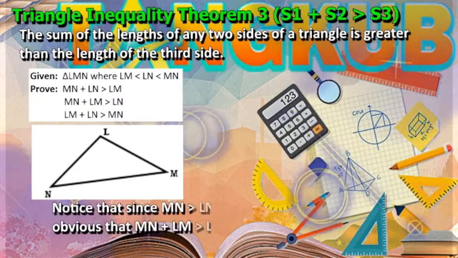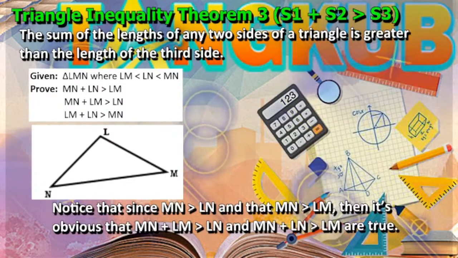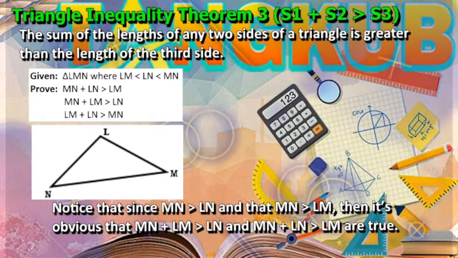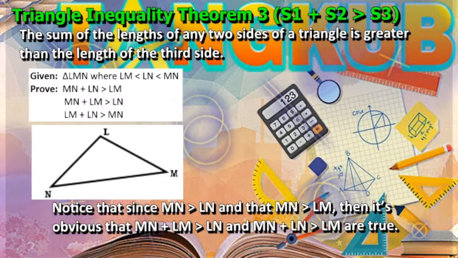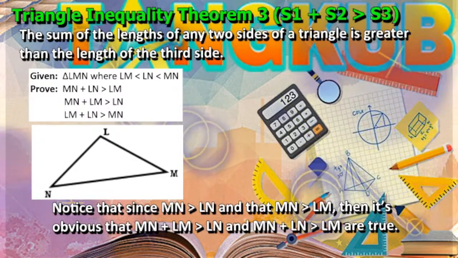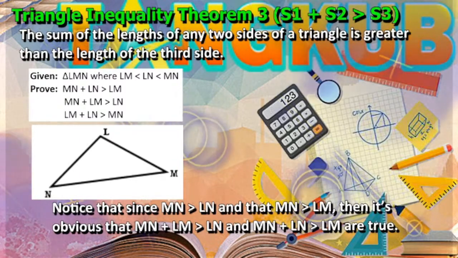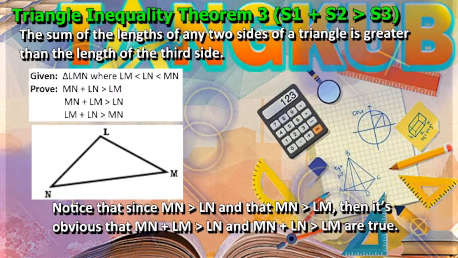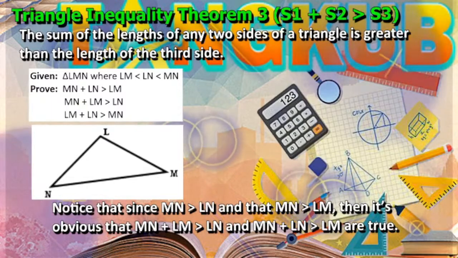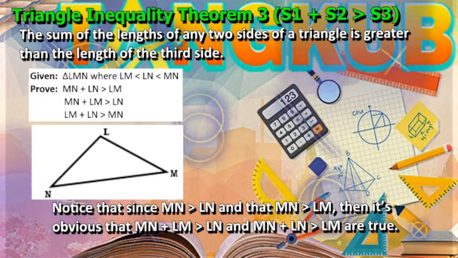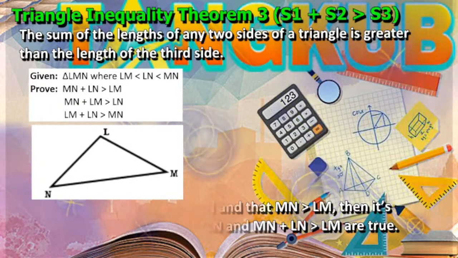Now here is the proof. Notice that since side MN is greater than side LN and that MN is greater than LM, then it's obvious that MN plus LM is greater than LN and MN plus LN is greater than LM are true.